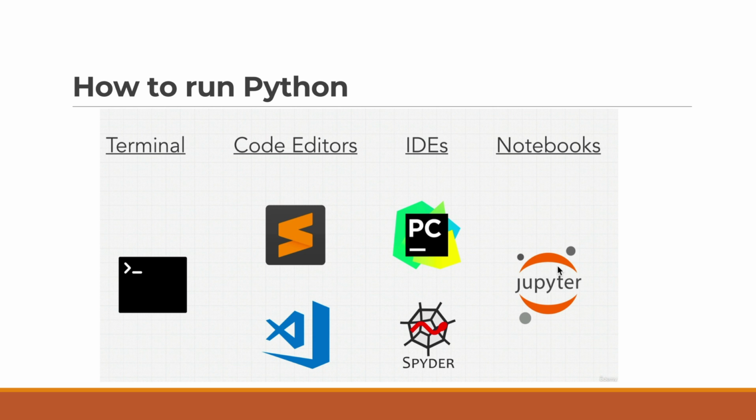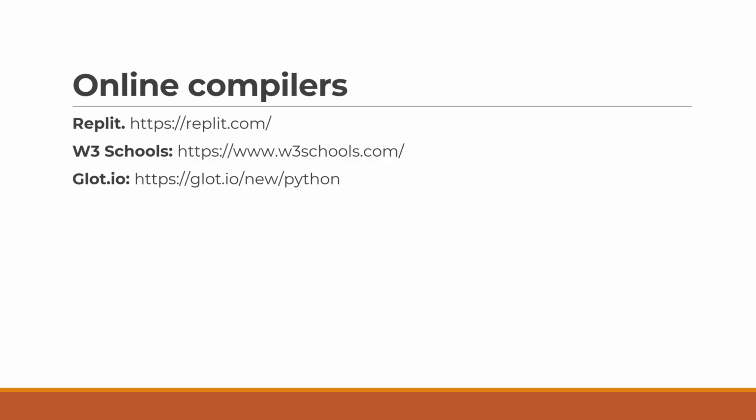In this lesson, we're going to try to run Python code. We said that we have online compilers for those who are using company machines and cannot install software on their machines. We have Replit, we have W3Schools, we have Glot.io, and I've shared those links within the group just a few minutes back.